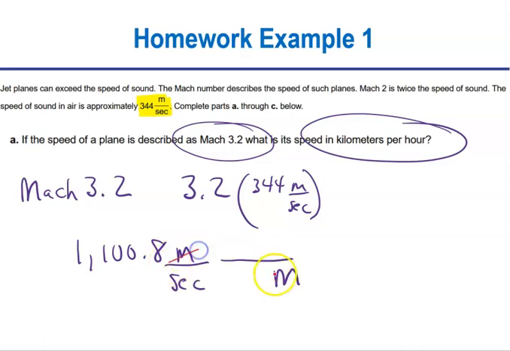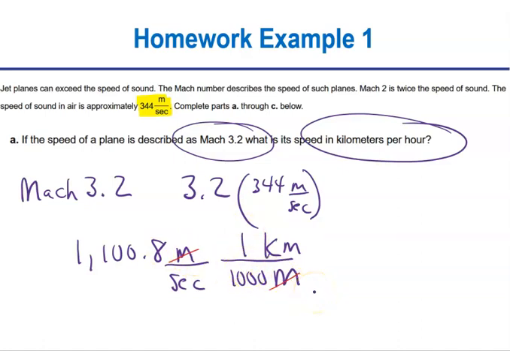Again, so it will cancel out like this in just a minute. Okay, so I need meters in the denominator. What do I need in the numerator? Kilometers, right? Kilometers goes in what I'm trying to change it to. If there's a conversion between the two, you just write it up there. Now, what is the conversion from meters to kilometers or back and forth? Well, there are 1,000 meters in 1 kilometer. And then those meters do cancel.